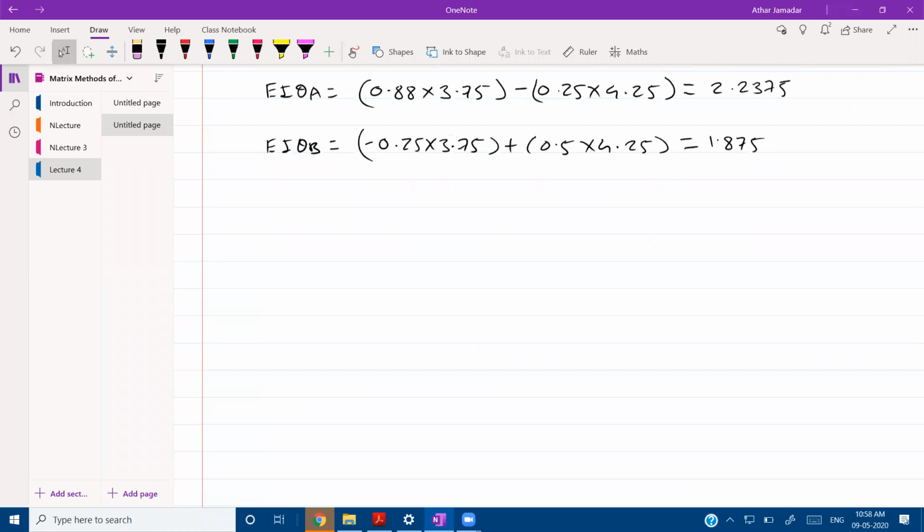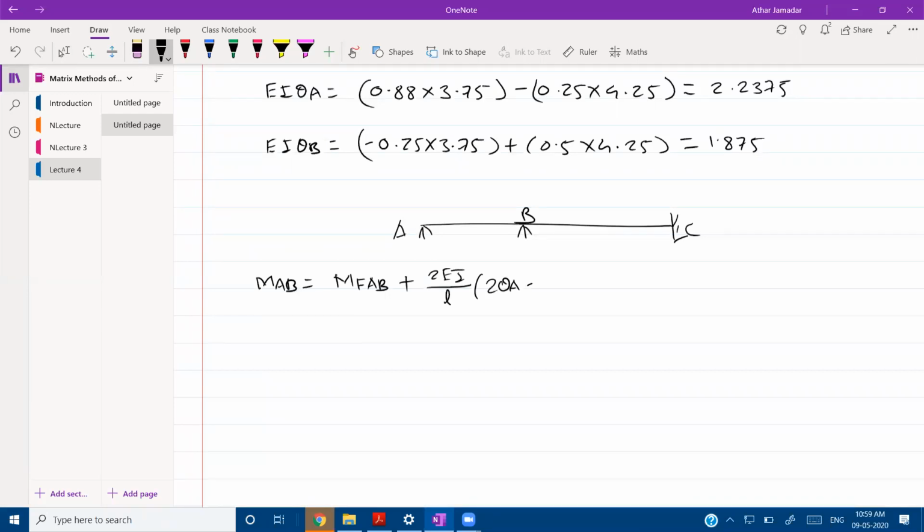In the original beam, this is A, B and C. If you apply the slope deflection equation, MAB is MFAB plus 2 EI by L into bracket 2 theta A plus theta B. MFAB is known, minus 3.75, plus 2 into 2, 4 EI theta A divided by LAB, which is 3, plus 2 EI theta B divided by LAB, which is 3.